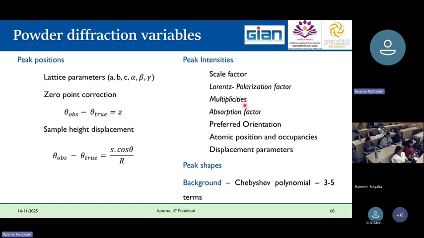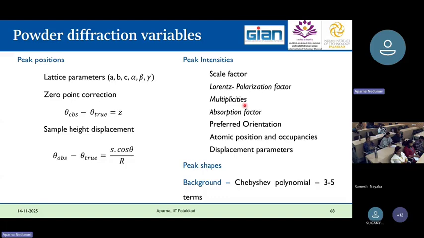Say that your n lambda equals 2d sine theta has been satisfied when the theta value is somewhere near, for example, 20. It is not that at 19.8 we will not have a peak. There will be some intensity. It's not that at 20 only we are having a line peak.